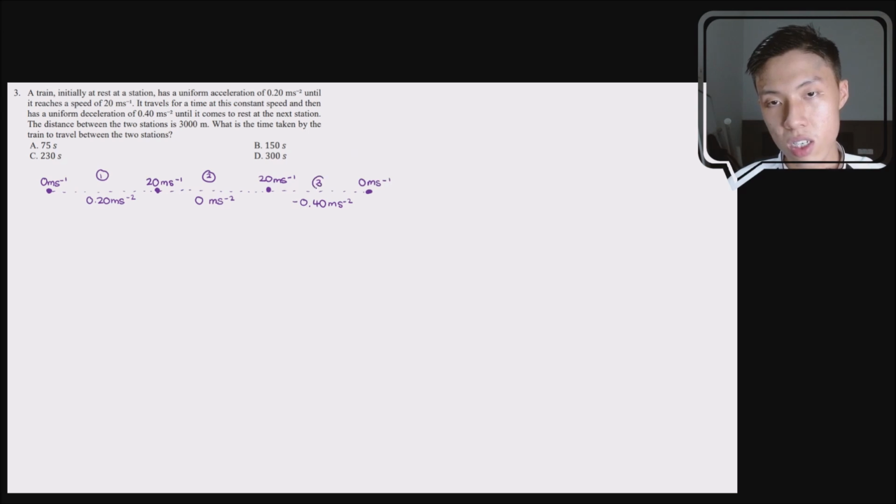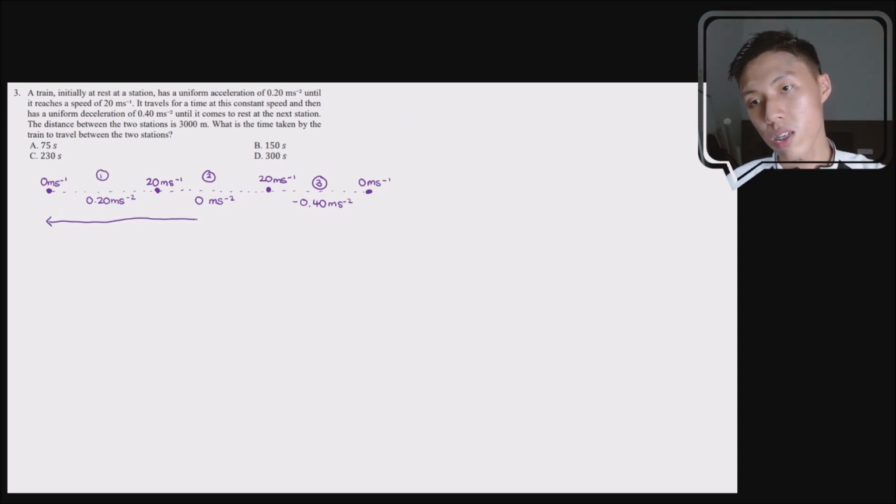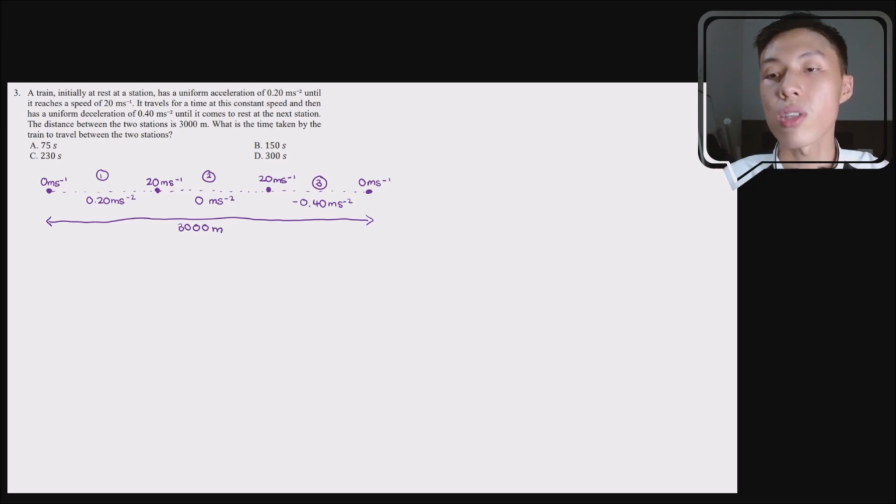And this is the third section of the journey. Now they also tell you that the distance between the 2 stations is 3000 meter, so let's label that in as well. So this is 3000 meter. We extract all the information we have from the question and bring it into this one single diagram here.